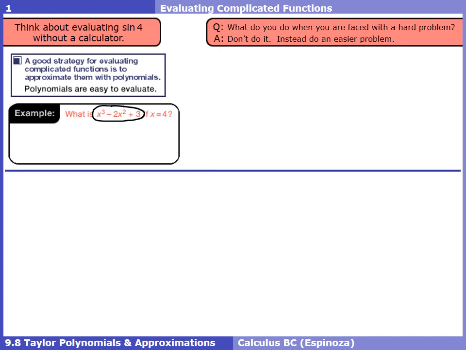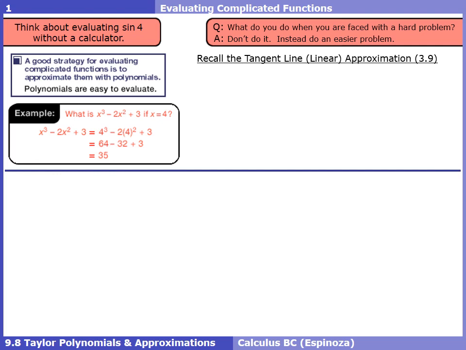So we could just plug in 4, and I'm not going to go over the math, but that's just to serve as an illustration of why we're doing this polynomial approximation, because we can do this without a calculator. Sine of 4 is impossible without a calculator, but we could just plug in 4 into this polynomial, and maybe this would be our approximation of that. But again, that's really not what it is in this particular case.